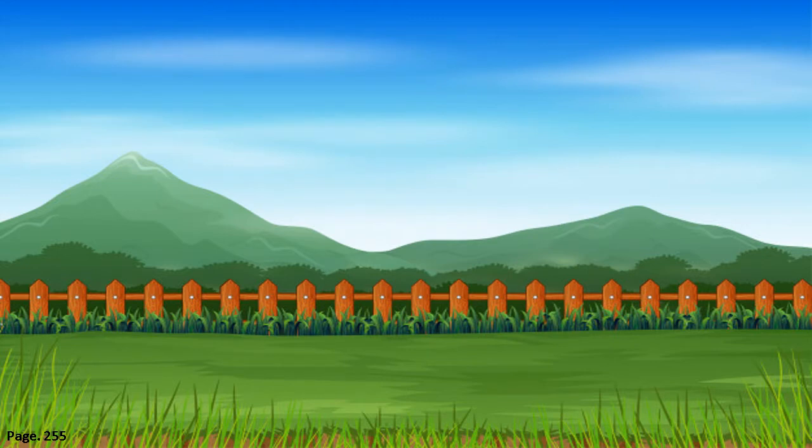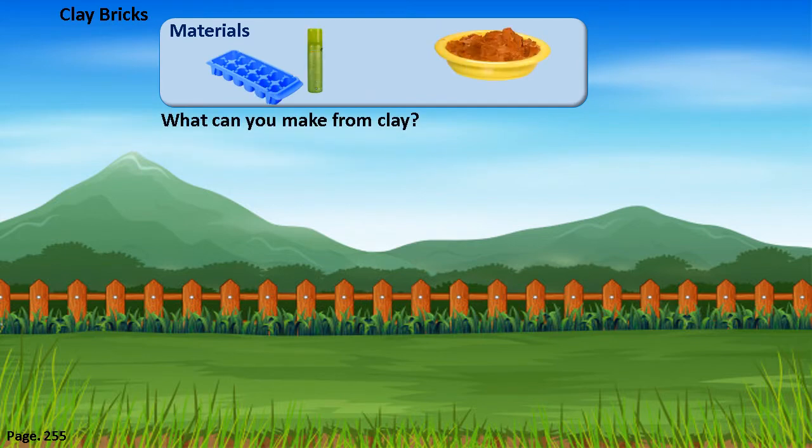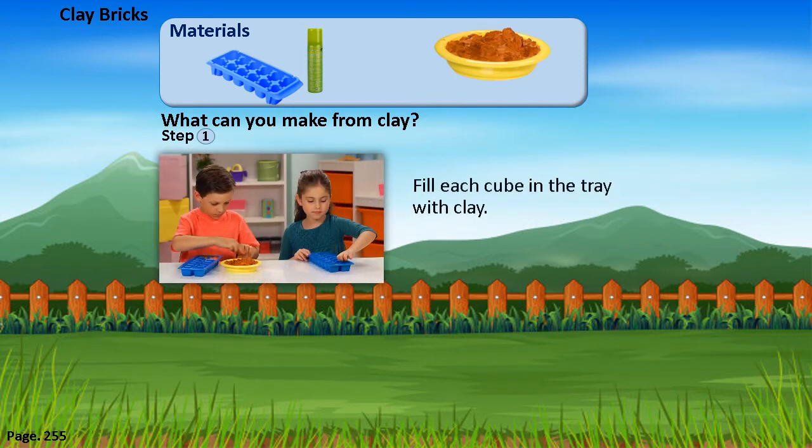Let's move on to page 255 in our science book, where we have our experiment for this week. And for this experiment, we will need an ice cube tray, a cooking spray, and some clay. For step 1, these kids are asked to fill each cube in the tray with clay.